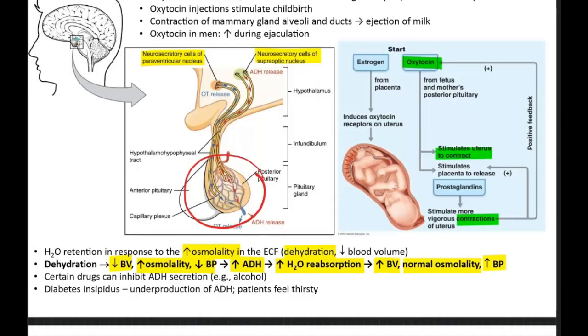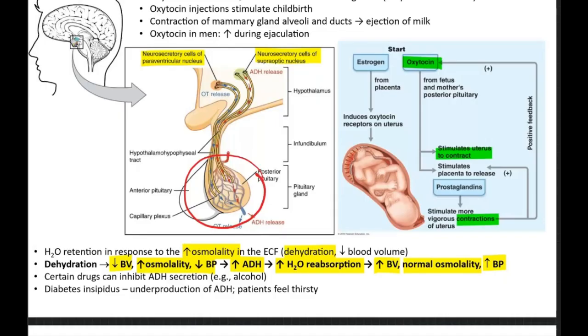Now, obviously, if you are overhydrated, you can flip all the arrows in this line that is heavily highlighted by yellow and have the regulation picture in front of you. First of all, think about you being dehydrated.